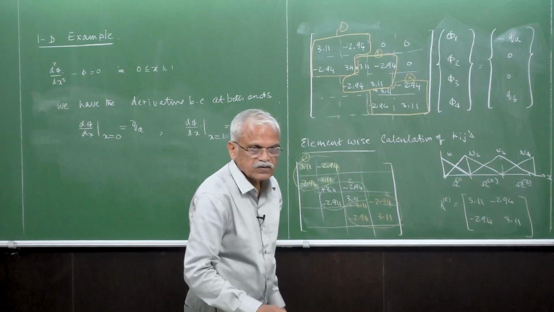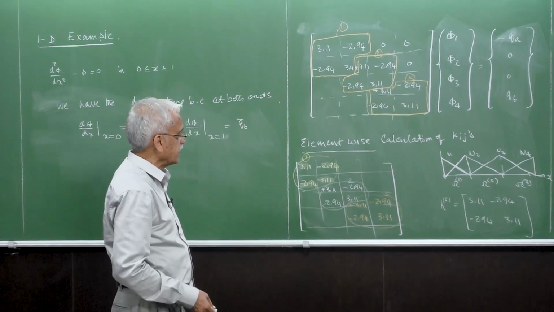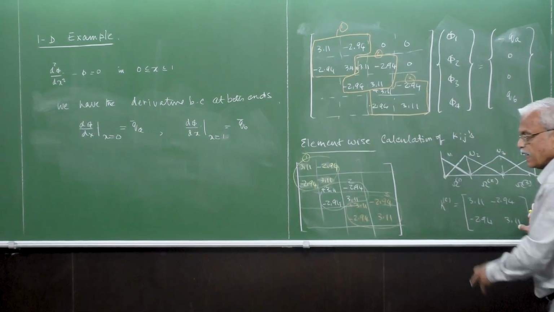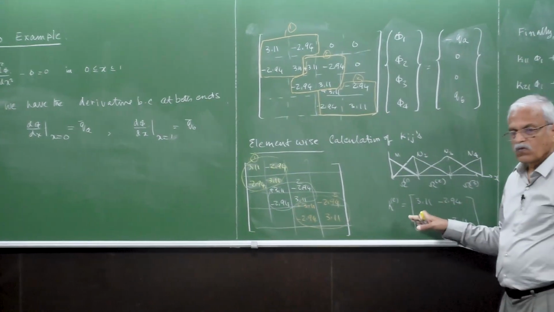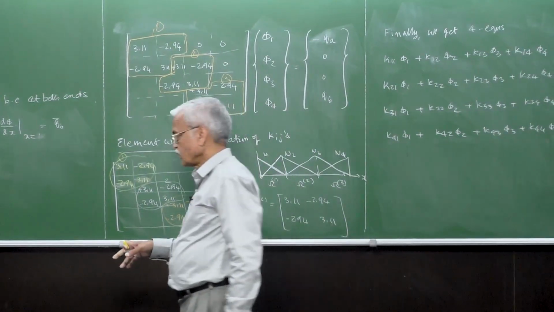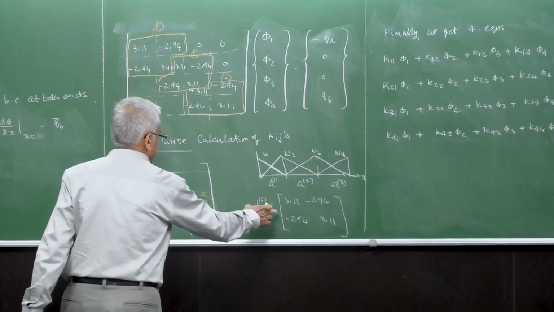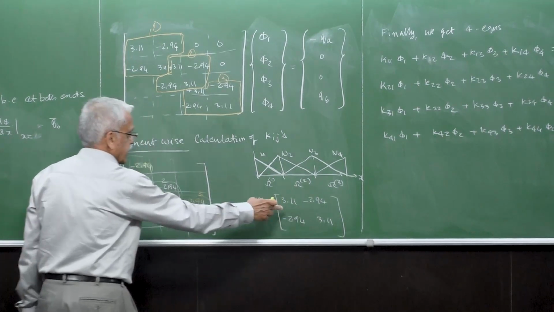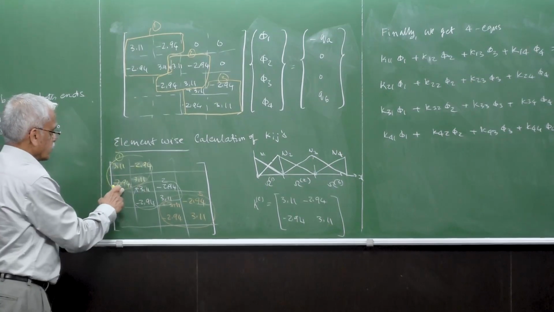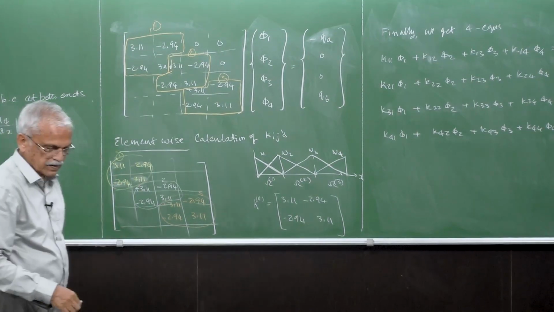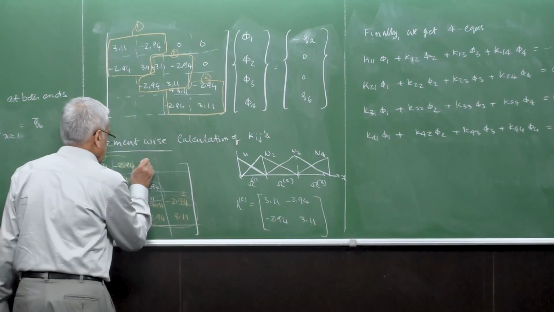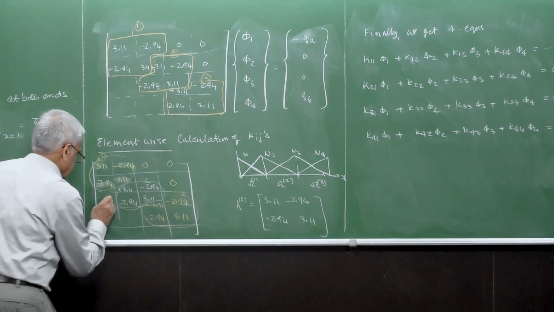So if you do the element-wise calculations, it's much easier. Just do the general element calculation and then look at each element, which are the non-zero shape functions there, and that's where it contributes. So this contributes to the general term, that means 1, 1, 1, 2, 2, 1 and 2, 2. And we don't really have to bother about other things.